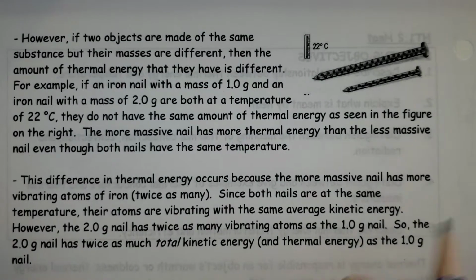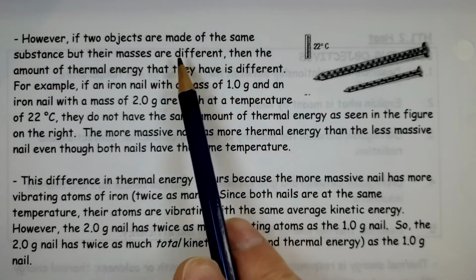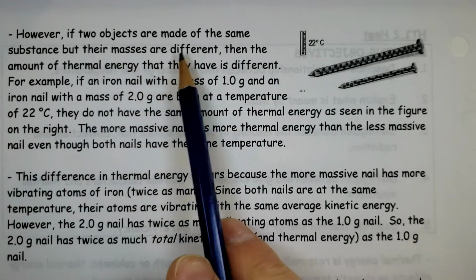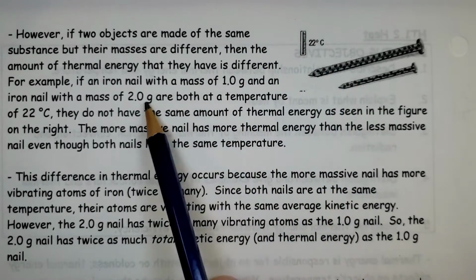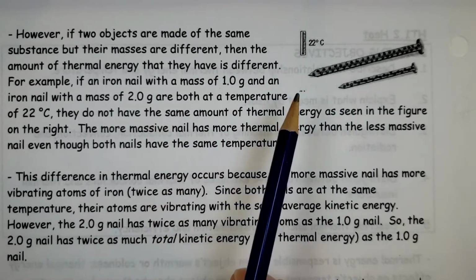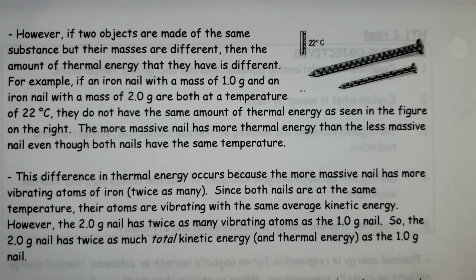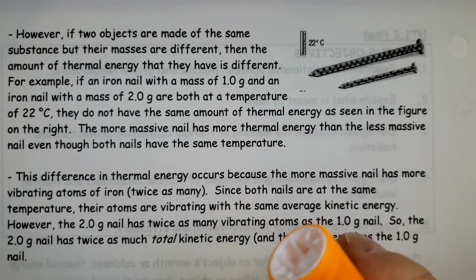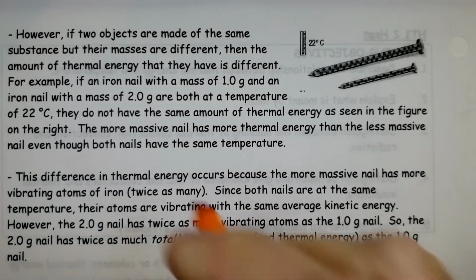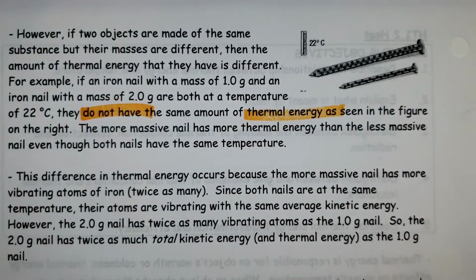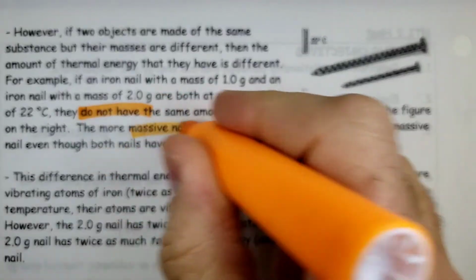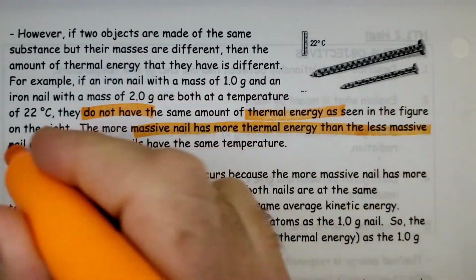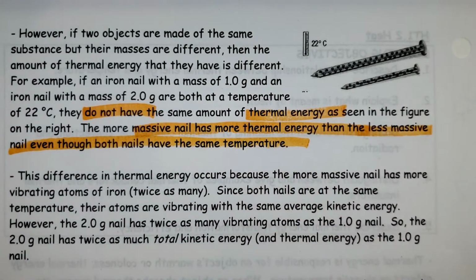However, if you look at the next page, if two objects are again the same type of material, but they have different masses, so maybe one's double than the other, so 1 gram versus 2 grams, and they both are at the same temperature of 22 degrees C, they do not have the same amount of thermal energy as seen on the right. The massive nail would have more thermal energy than the less massive one.